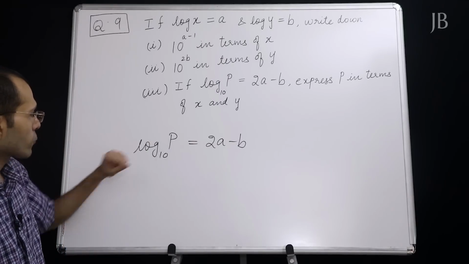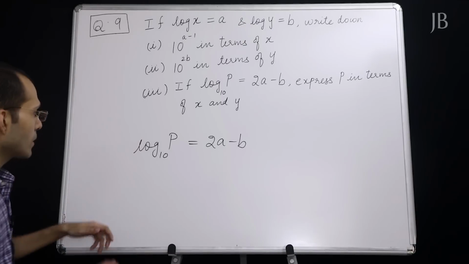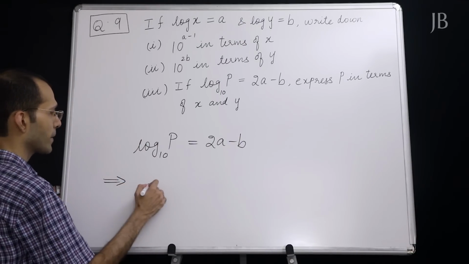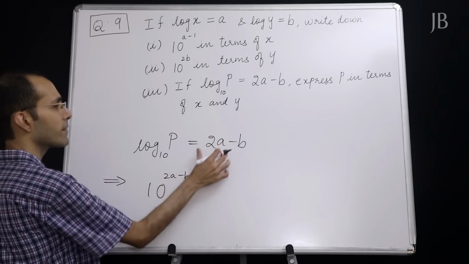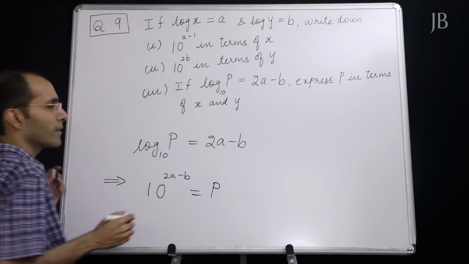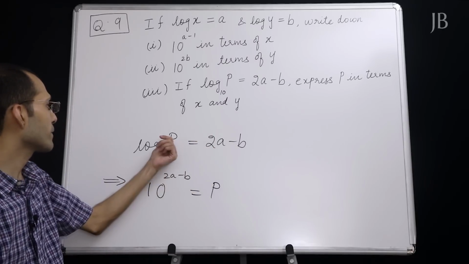So now how do we extract p from this? We just can't say log go away. Okay, this is already given. So this implies 10 raised to 2a minus b will equal p. Same logic what we are following for the previous. So base raised to index gives the answer.